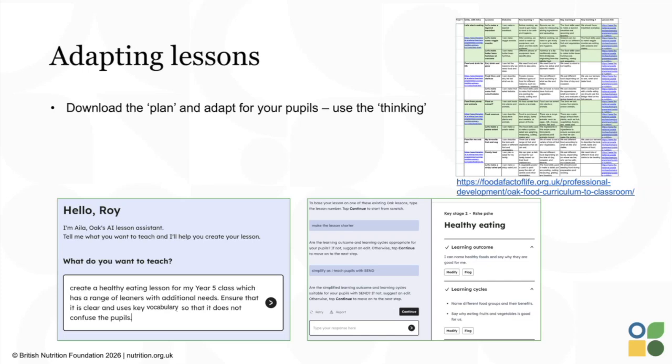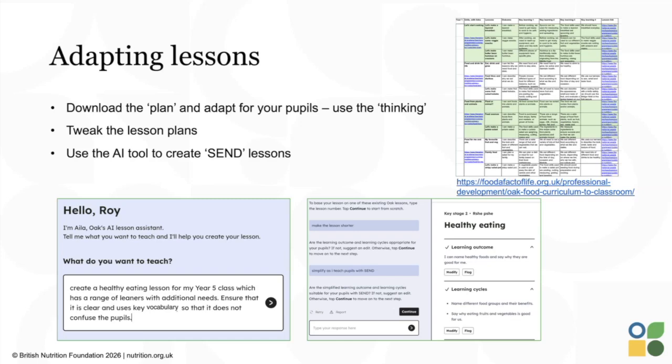So it's very clear, easy speak for pupils to understand, as well as all the key learning. And you can use that thinking in your own planning, your own curriculum in school. You can then tweak the lesson plans that are available, making them more appropriate for you too. And what I love to do as well is to use the AI tool to create lessons that are more appropriate for you.